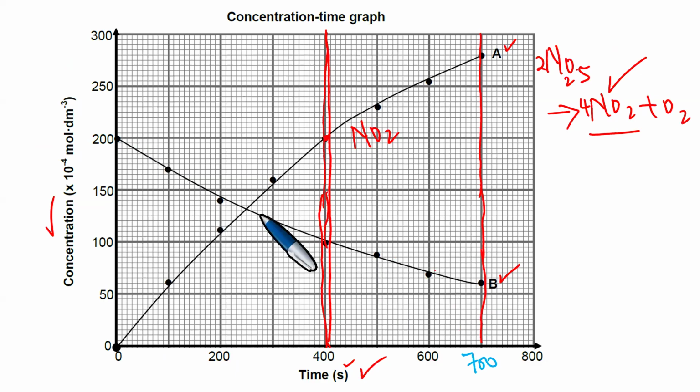I decided to choose graph B, but we're also going to use graph A. We're going to use both graphs at 700 seconds, and we're going to get exactly the same answer. But I decided to use graph B, whose slope is negative because it's running down slope. This one is running up slope, so this one is running down slope, and therefore it is negative.